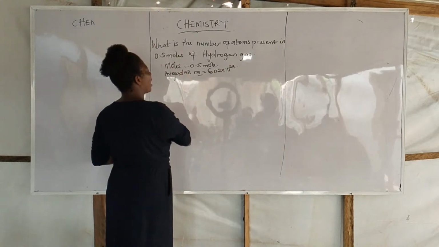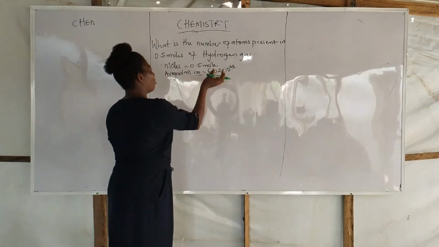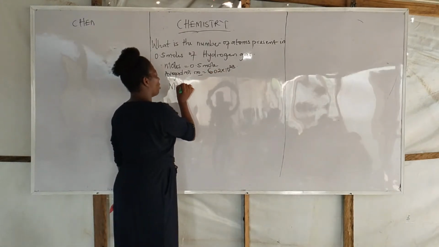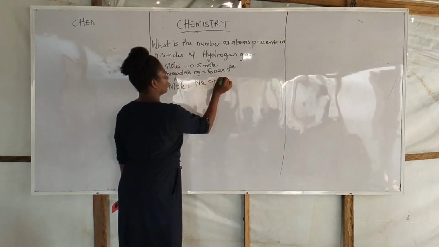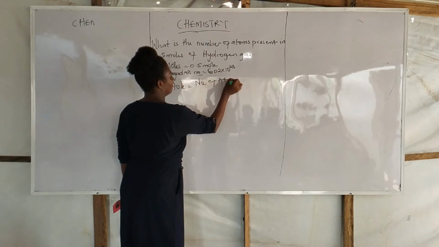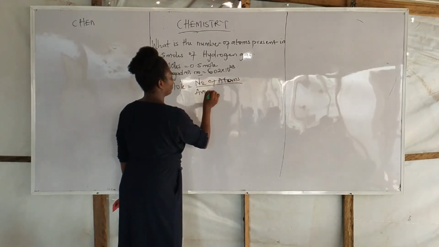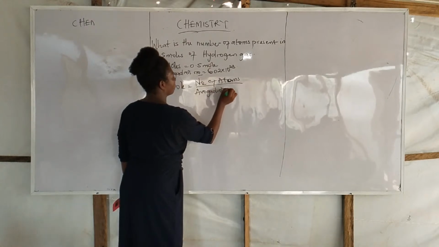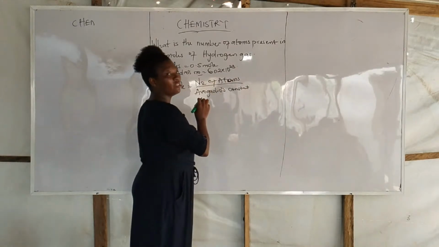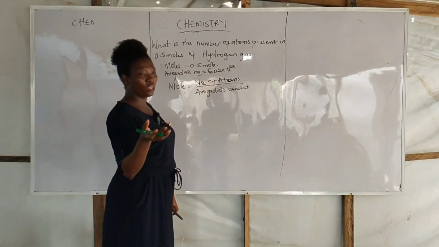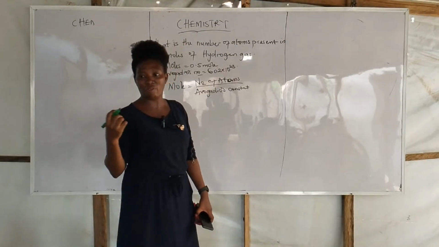All right, so when we have this, what is the formula that is guiding this? We have mole equals number of atoms divided by Avogadro's constant. For you to look for the number of atoms, make number of atoms the subject of the formula.